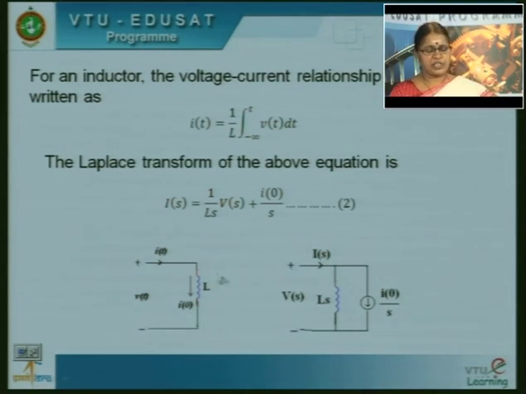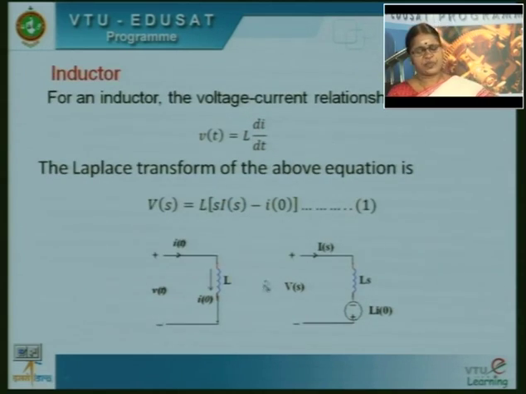So, this circuit in time domain can be translated into a circuit in S domain like this. It has a supply voltage V of s and total current I of s, equal to the current flowing through the element of value Ls, which is Vs by Ls, plus a current source. So, there are two equivalent circuits possible.